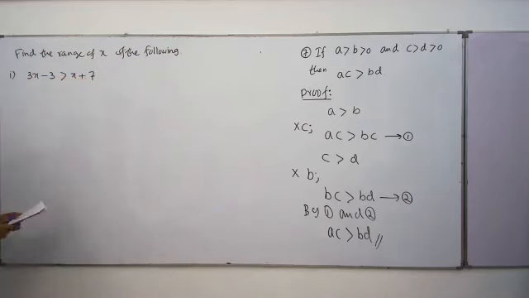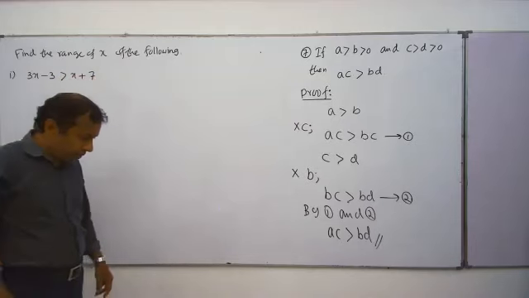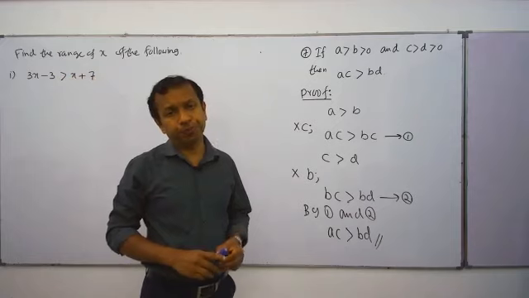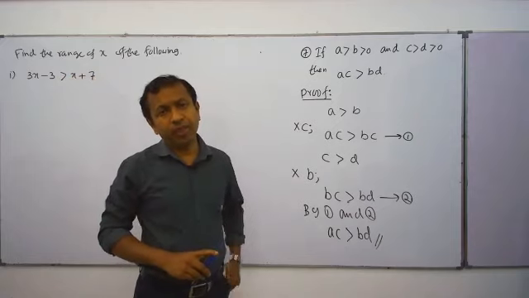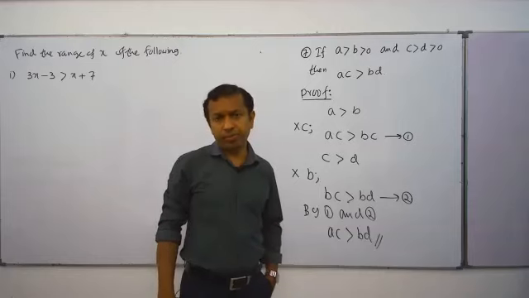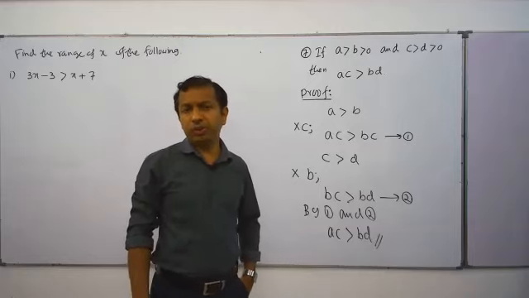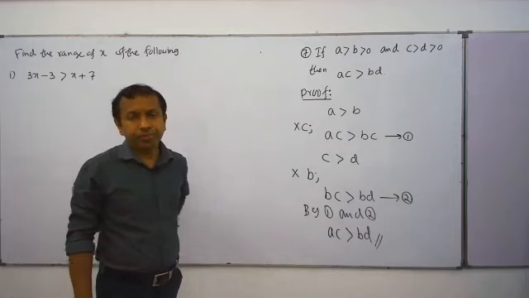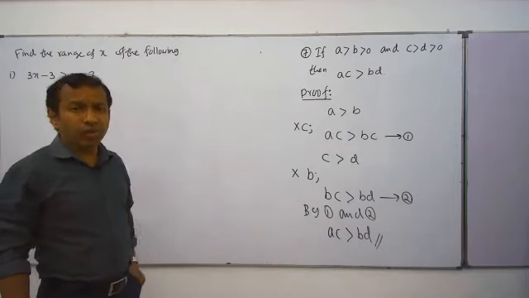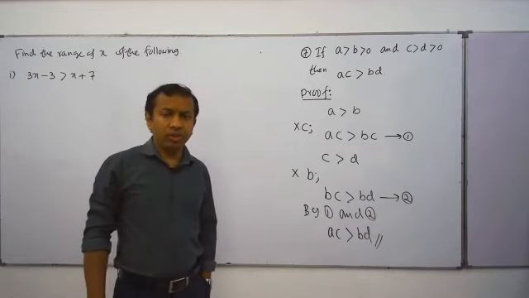Asking to find x. People, first I am going to explain how to use the theorems we have learned so far, using them one by one. Thereafter I will tell you the short way of getting this answer without following those theorems.